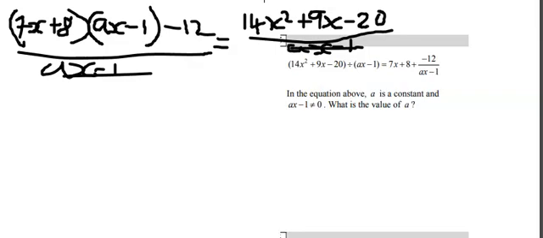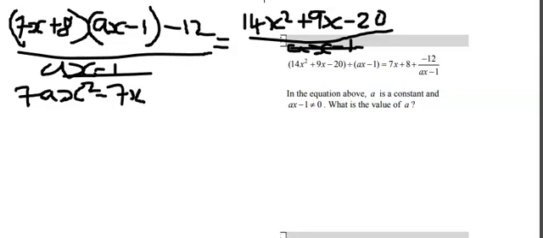So let's open up the left hand side. 7x times ax gives us 7ax squared. And 7x times minus 1 gives us minus 7x.